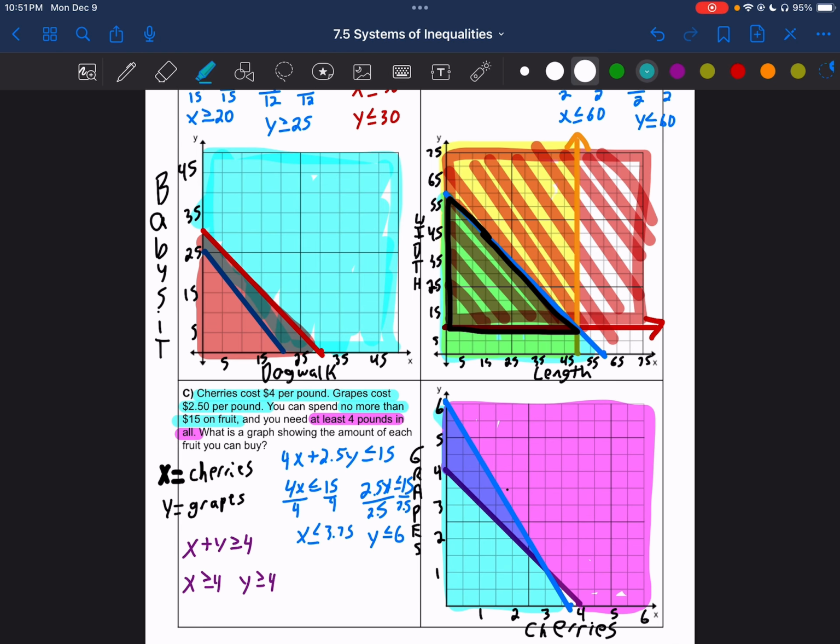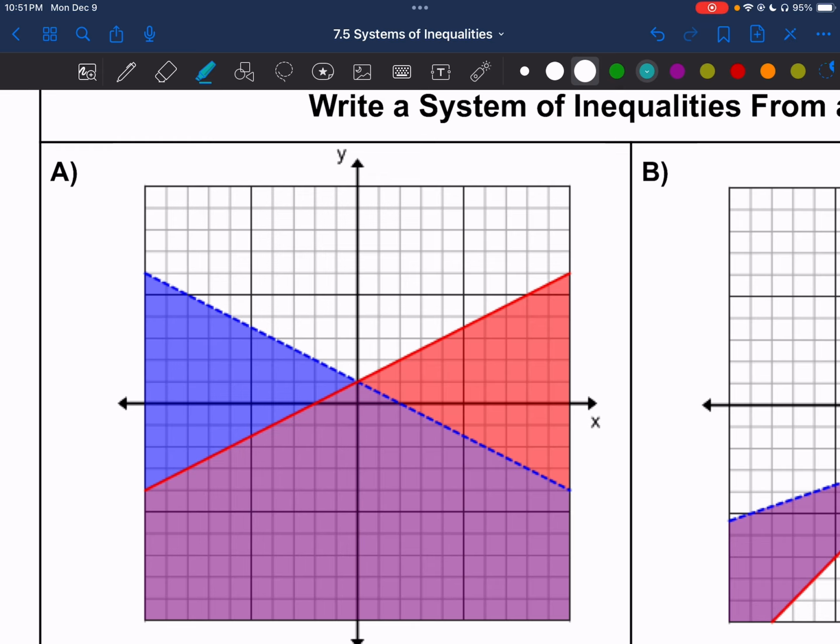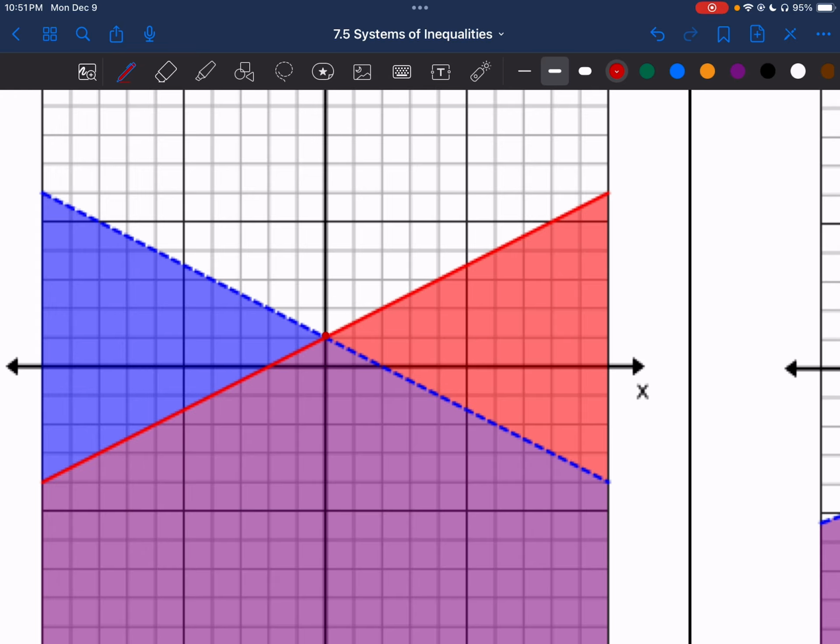All right, so let's take a look at our next page. Write a system of inequalities from the graph. So let's take a look at the red line first. The red line, I see I have a y-intercept. My b value is 1. My slope, I'm going up 1 and to the right 2 with every step that I take. Up 1 to the right 2, so our slope is 1/2.